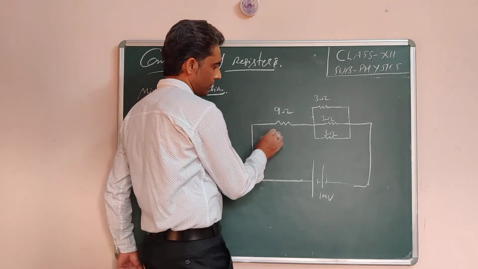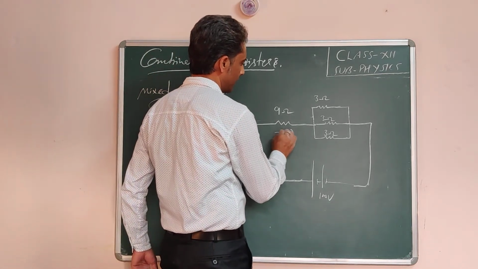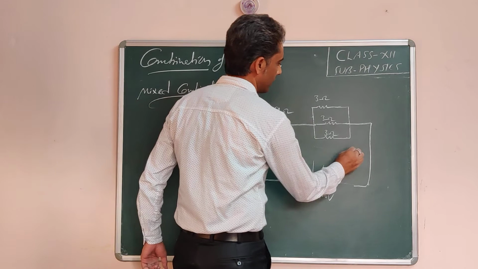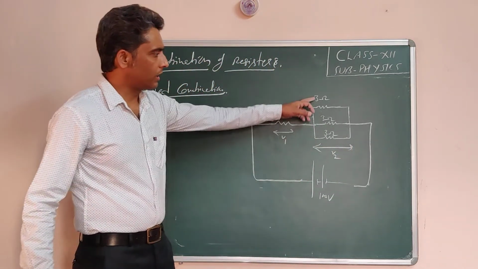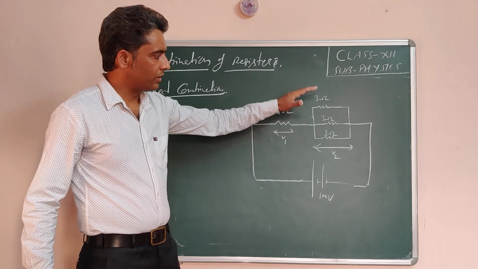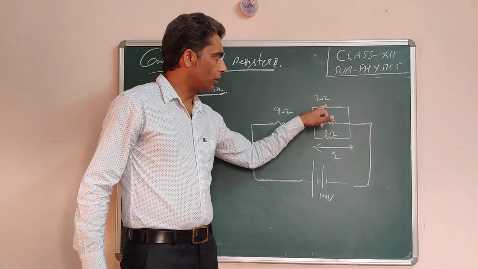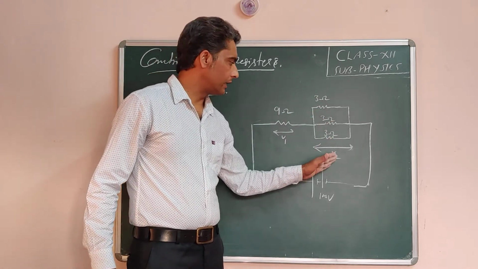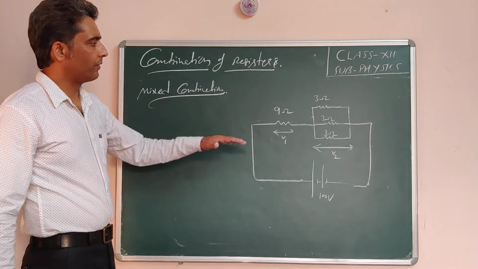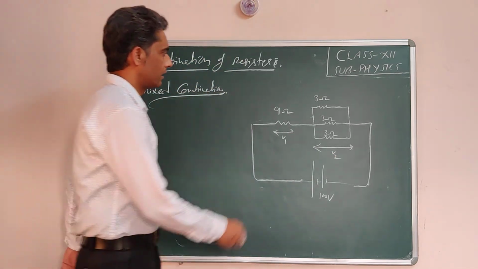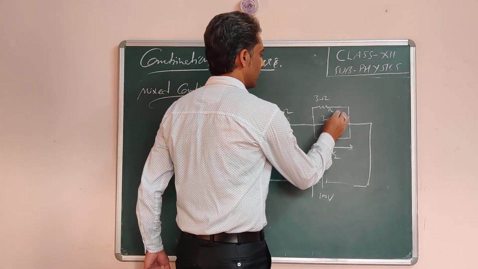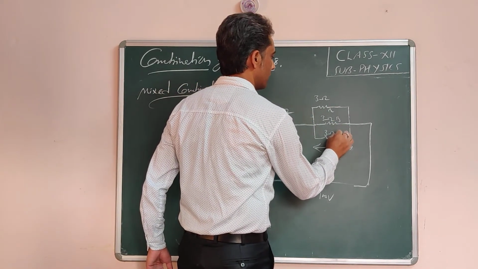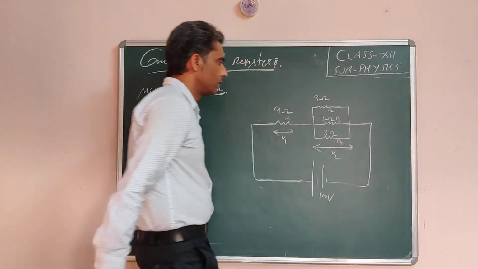So I write here that this potential difference be V1, and let the potential difference across these be V2. Because these three are in parallel, the potential difference across all three will be the same, and let it be V2. So first we will find the equivalent resistance. Let these resistances be R1, R2, R3, R4.